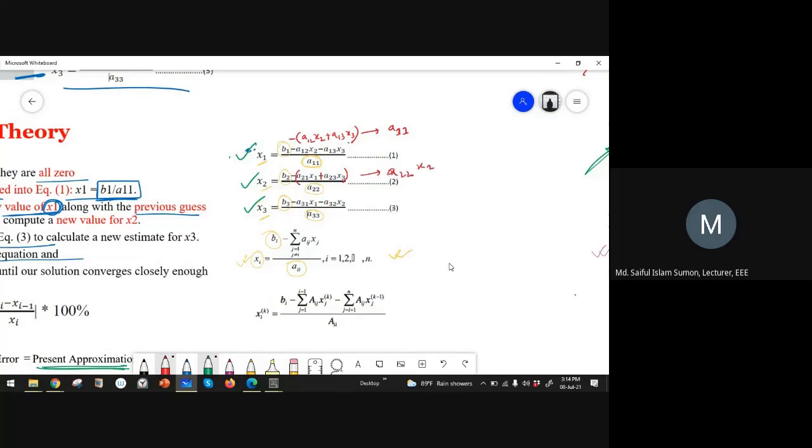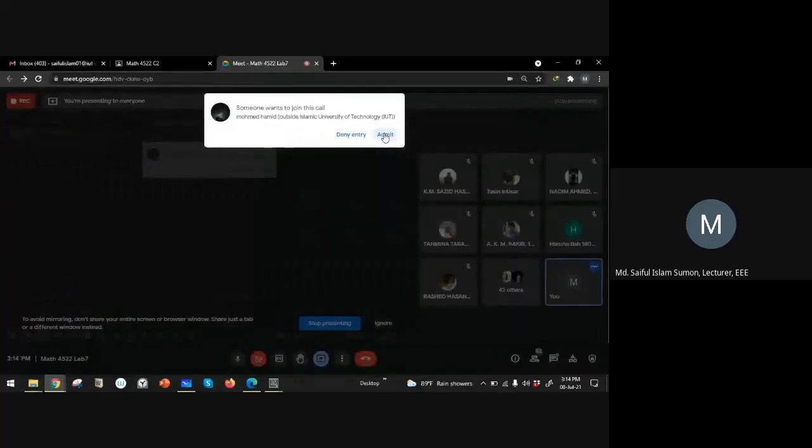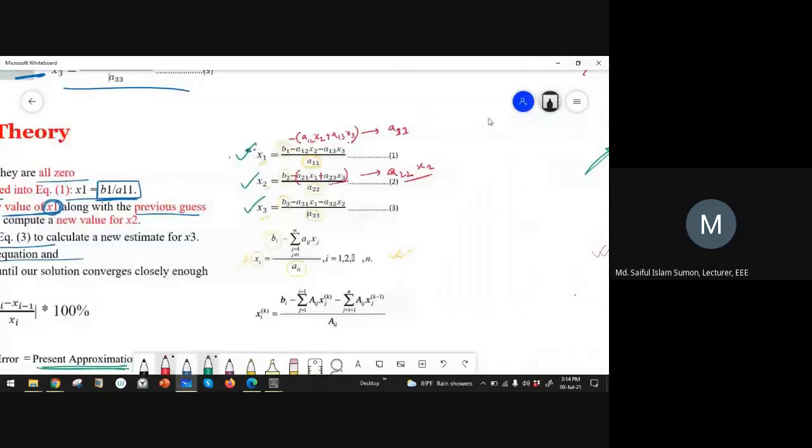So this is not available here. Other than this, all other combinations are available. In the same way, for the third case, there will be minus, and if I take common, then it will be plus. You can see that to find x3, there is no x3 term here, and also the a33 term is not available here.